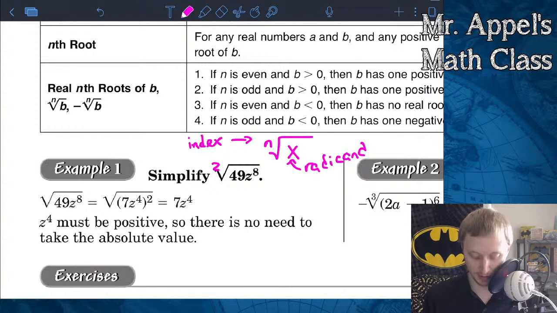Okay, so this is secretly the square root, the second root of 49z to the 8th. And what this tells me is I need to factor this into groups of 2. When I see a pair there, right, that matches my index, I can pull that out of the radical.